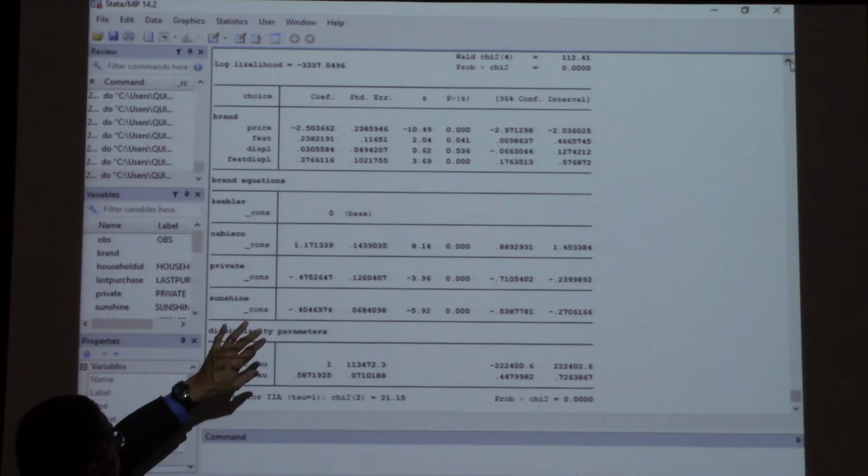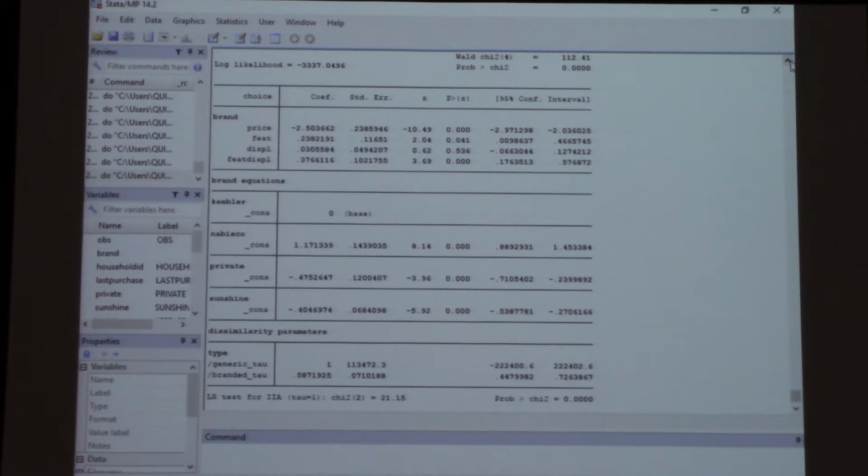This is negative, so we're less likely to pick private relative to the base category, Keebler. And that's true of Sunshine also. We're less likely to pick Sunshine relative to the base category, which is Keebler.